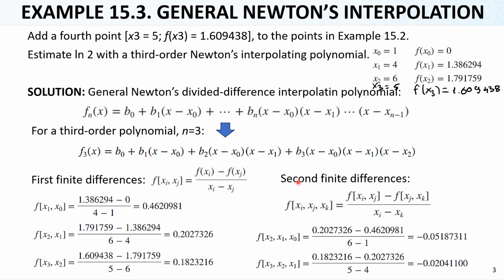Now we will calculate the third finite divided difference using the second finite divided differences. So we will use these, this minus this one, divided by x3 minus x0, which is 5 minus 1. And we will do that in the next slide. Let's go to that slide and see that.